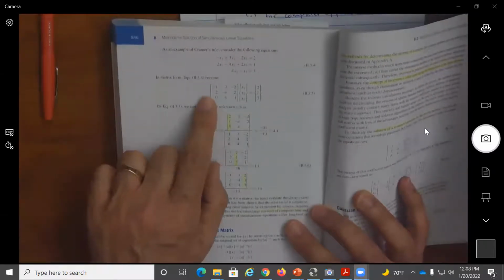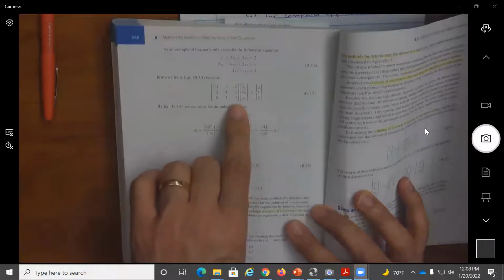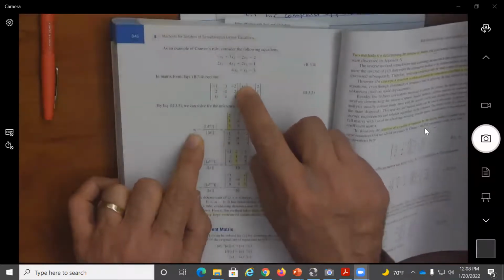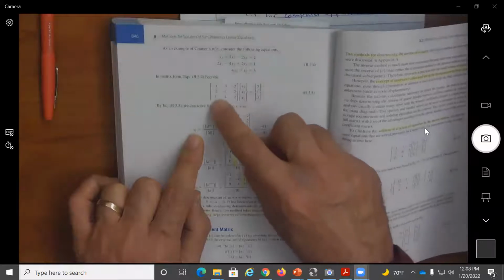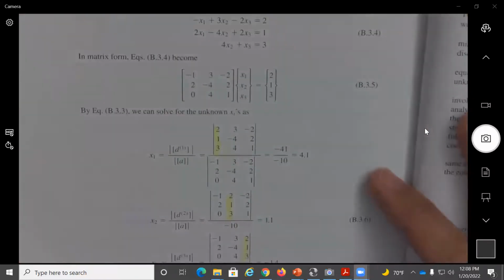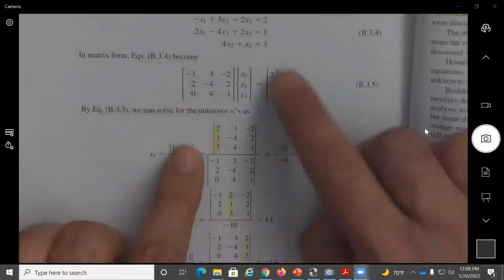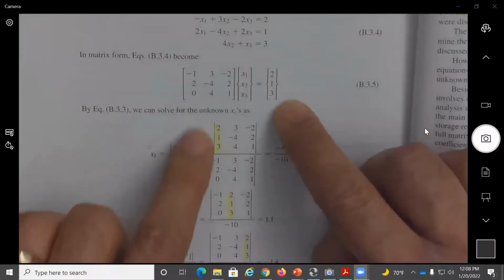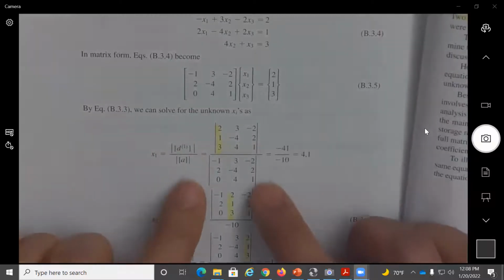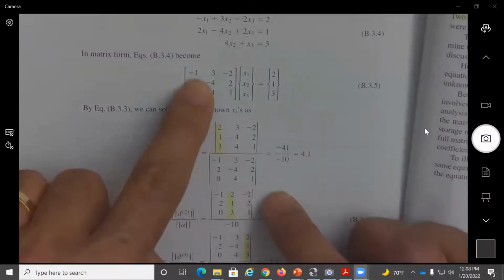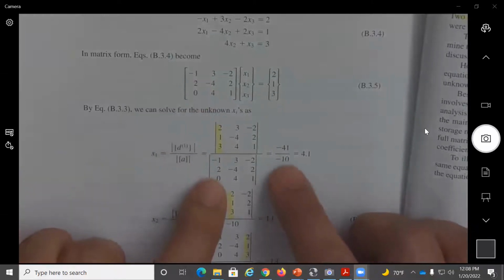We have here a good example where we are looking at a set of simultaneous equations, and they start solving for x1, so column 1 of the matrix is replaced by the C column matrix, and we find the determinant, and we divide by the determinant of the matrix A. The determinant of matrix A is found to be -10.